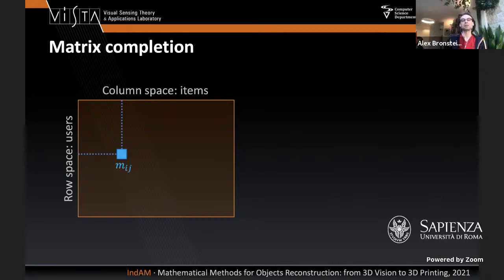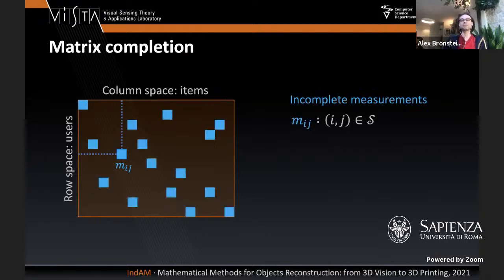Let's call the matrix M, and M_ij is the measurement of a recommendation that user i gave to title j. So I actually watched the movie and I gave it some rank, some score.